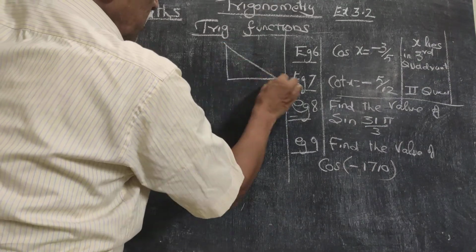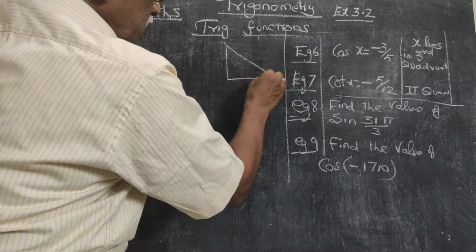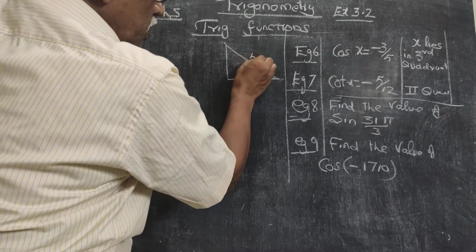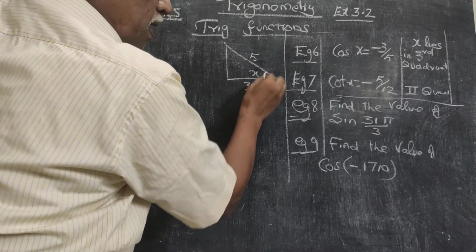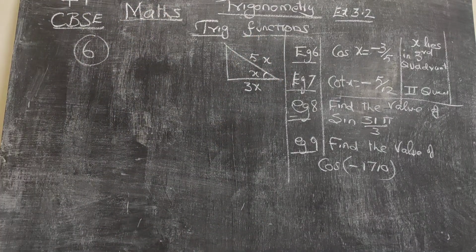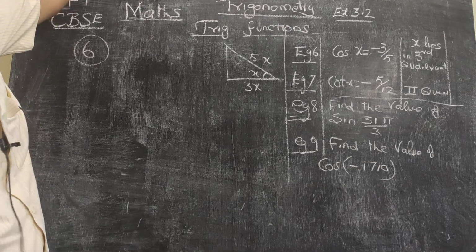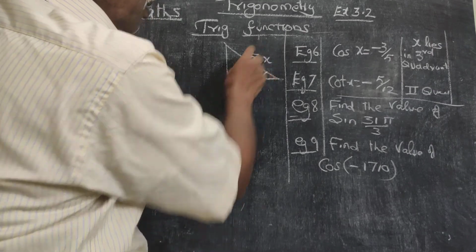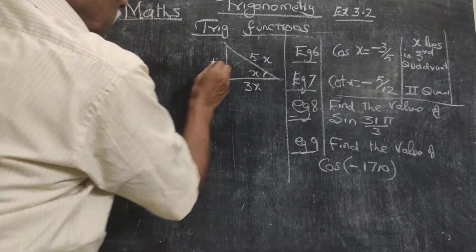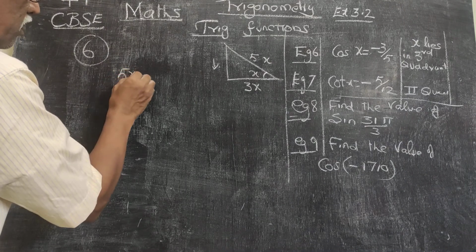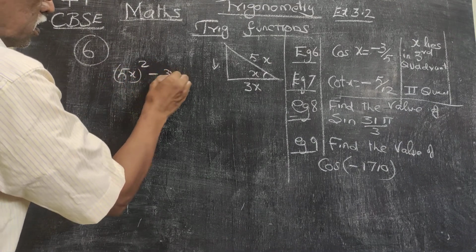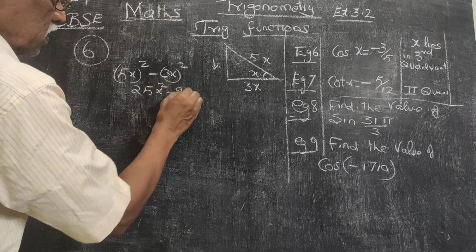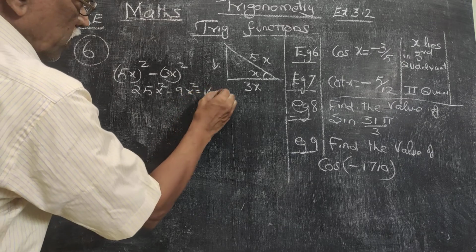Trigonometry is related to the right triangle only. Let me take this as x, cos theta, adjacent side and hypotenuse. Instead of 3, I am taking 3x and 5x. As a result, this part will be adjacent by hypotenuse. Then what about this side? This side will be equal to the square root of 5x the whole square minus 3x the whole square, that is 25x square minus 9x square, that is 16x square.